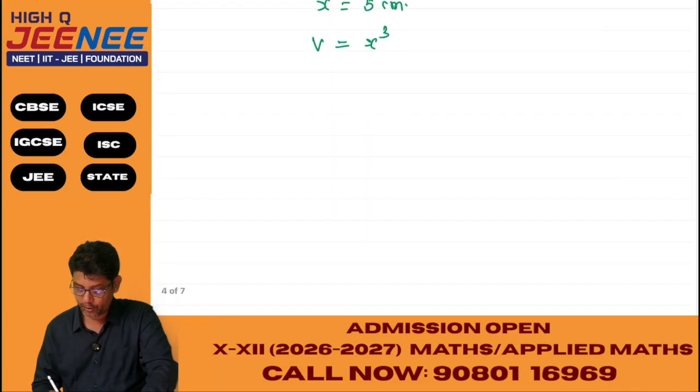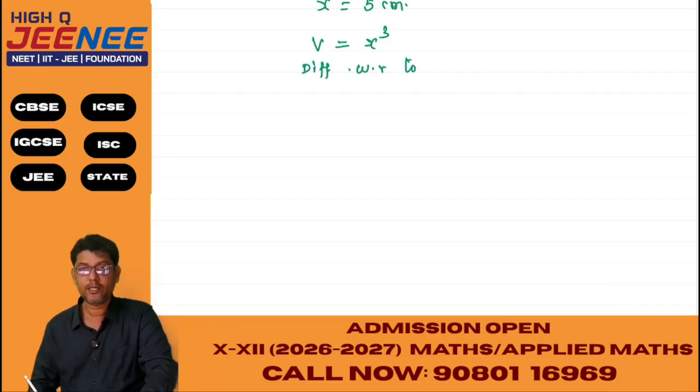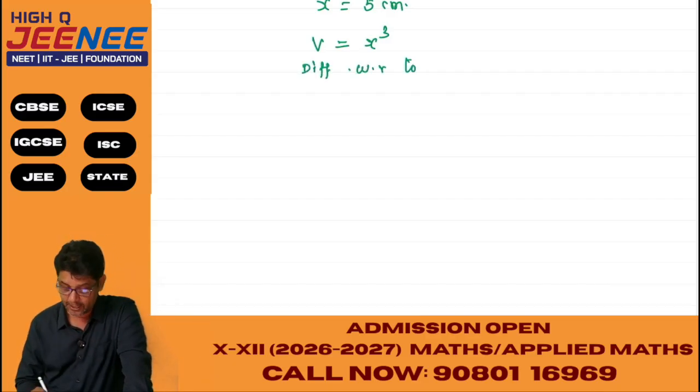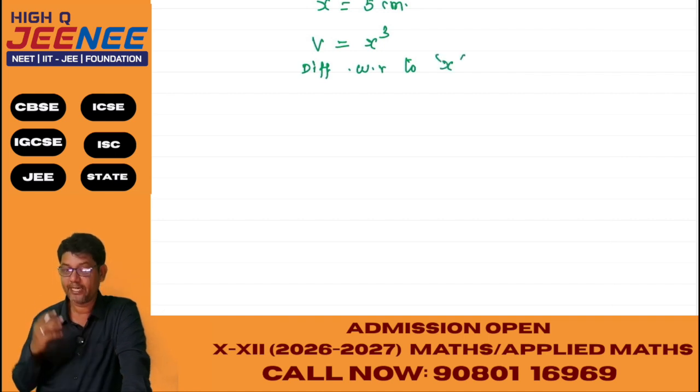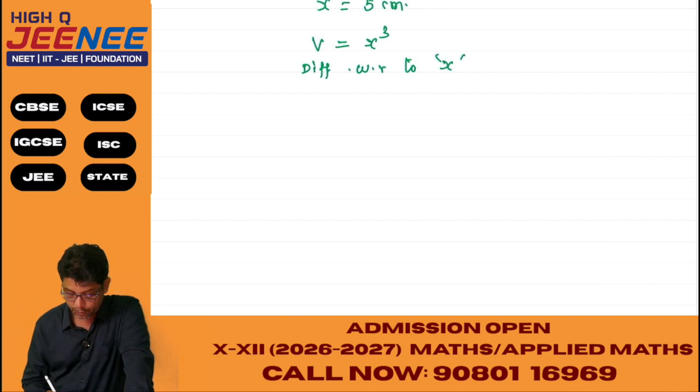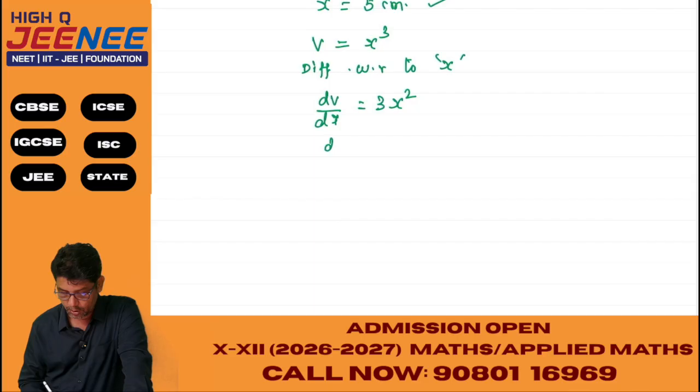So we need to differentiate with respect to what, time or side? With respect to x only, because they directly mentioned with respect to side. Therefore, dv by dx is equal to 3x square. Now x is equal to 5 centimeter, so dv by dx is equal to 3 into 5 square, which is equal to 75.